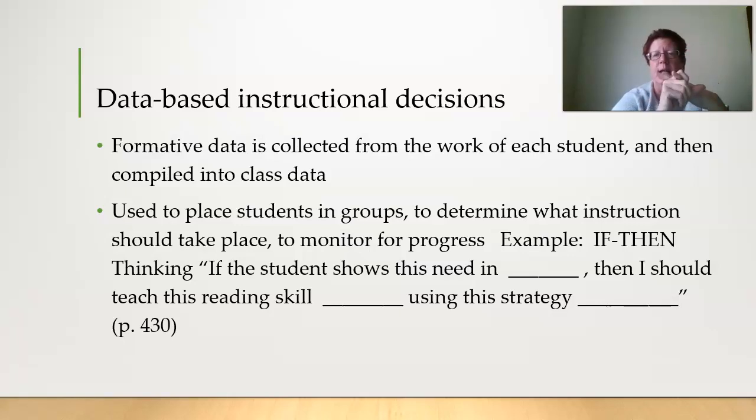I then would look and see maybe I have, let's say, 10 of the remaining students that were almost there, but not quite. And so I'm sure that a little bit of work with them, a little bit of personal intervention on my part with them will get them where they need to be.